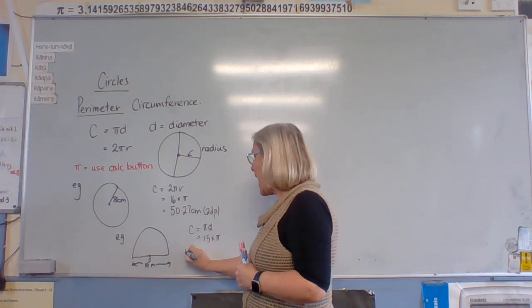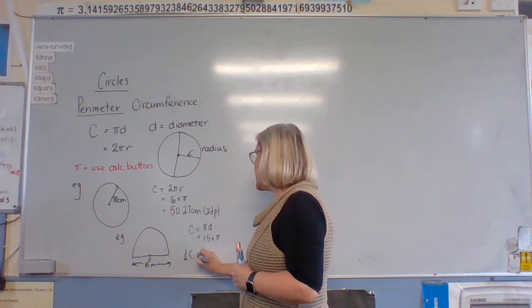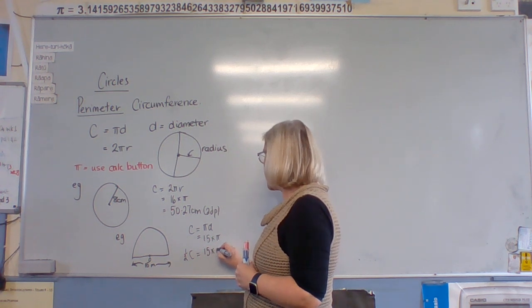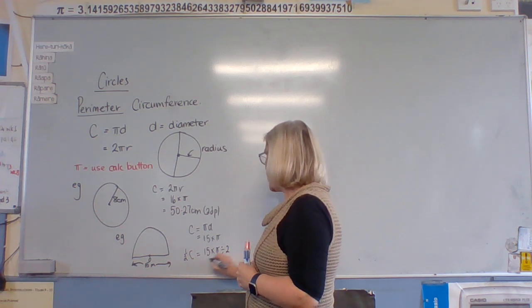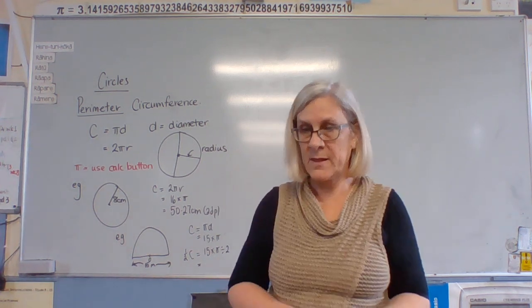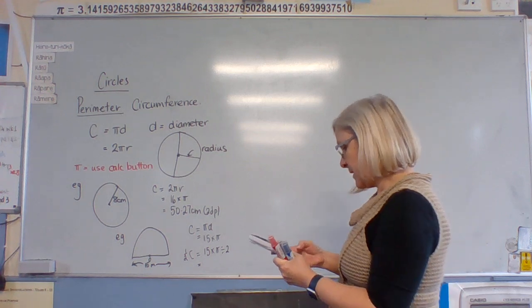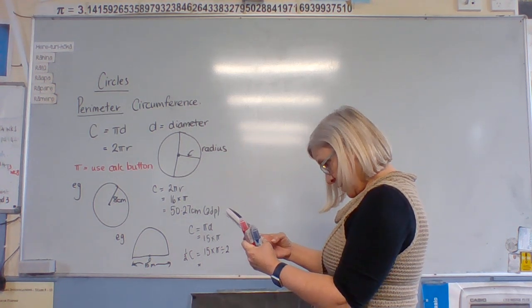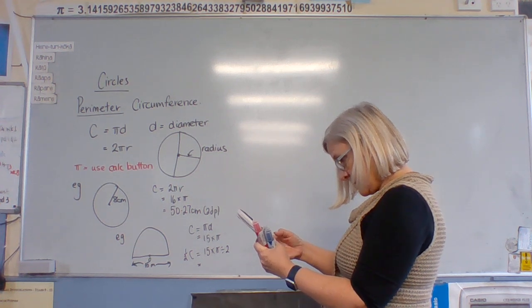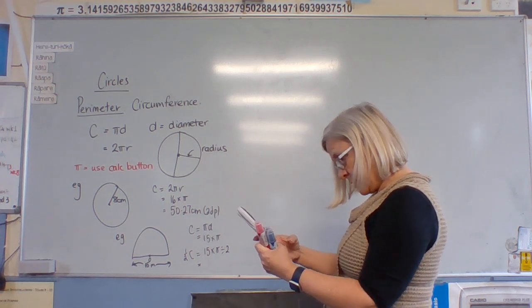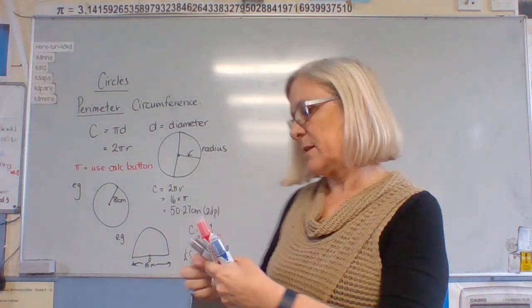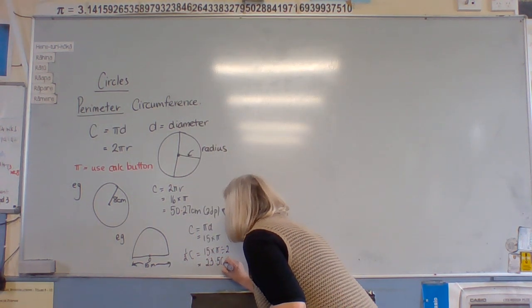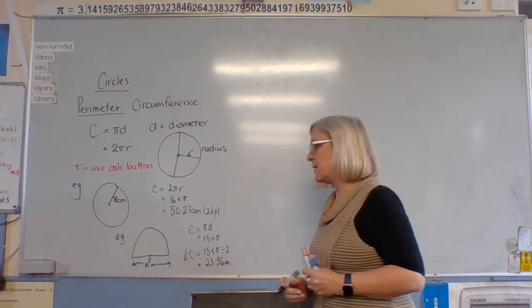But we want half of the circumference, so we're going to have 15 times pi divided by 2 equals 23.56 metres in length.